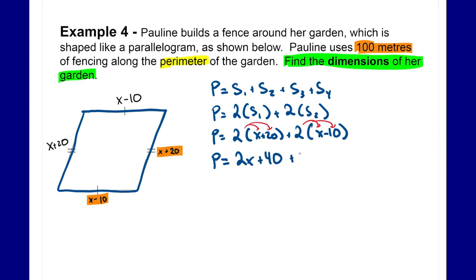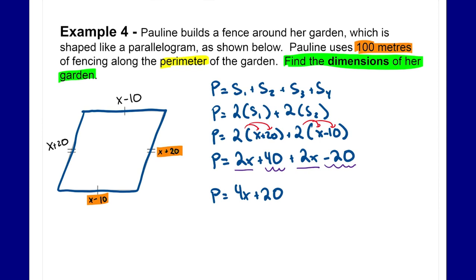Plus 2 times x is 2x. And 2 times negative 10 is negative 20. I have like terms, so I can collect like terms. P equals 4x plus 20. So all I've done is calculate the perimeter and simplify my expression, and I have P equals 4x plus 20.